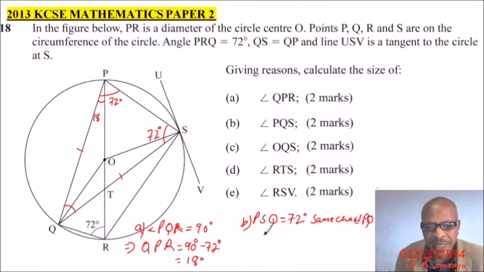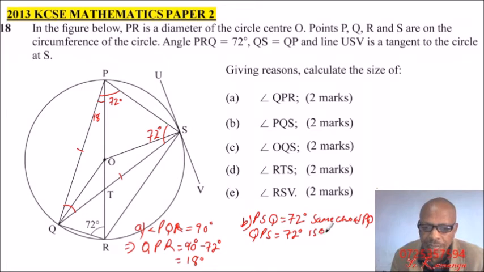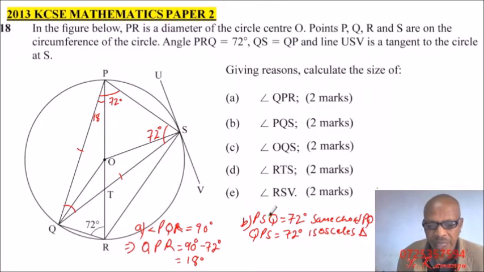This means that angle PSQ is also 72 degrees. So we can say isosceles triangle. I'm writing in short form because of space.